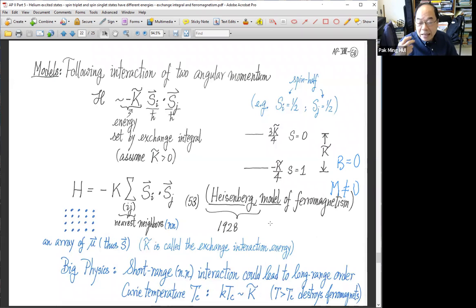So that is the reason behind it. It is Coulomb behind the scene, but the exchange integral due to quantum mechanics. These are the origin of having this interaction between neighboring spins and telling each other to align.